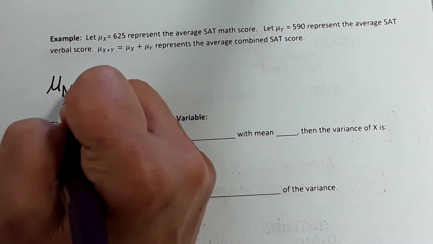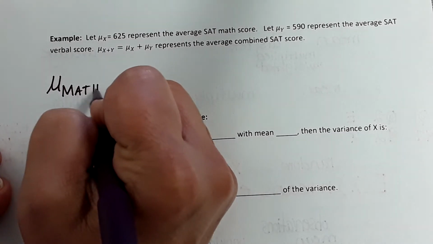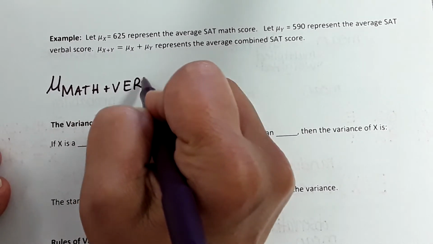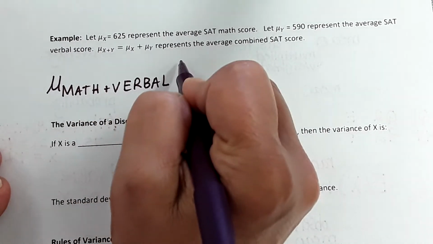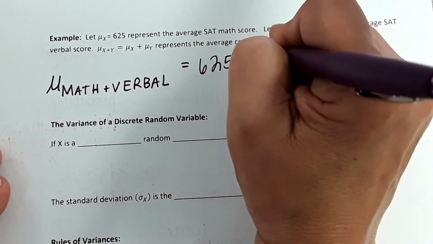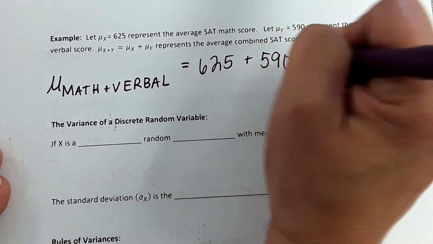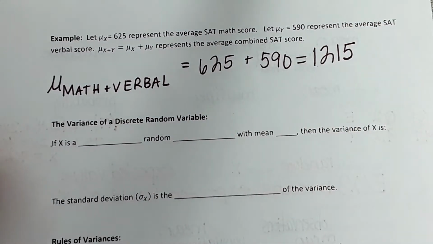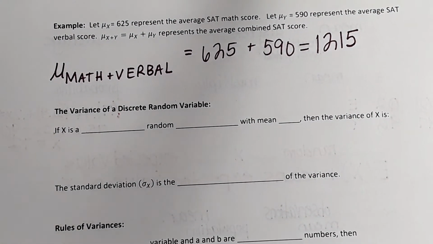The math plus the verbal equals 625 plus 590. So your combined score is 1,215. If in your head you're thinking, that's really low, just keep it to yourself. Okay? Just letting you know.